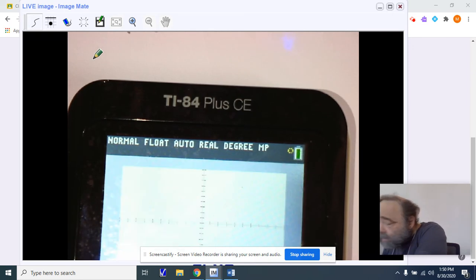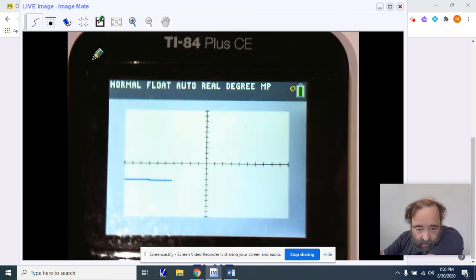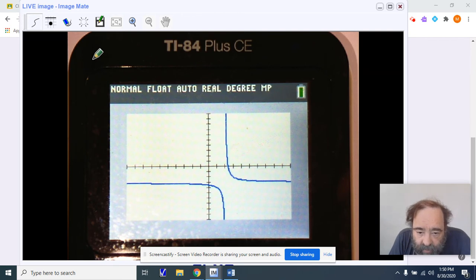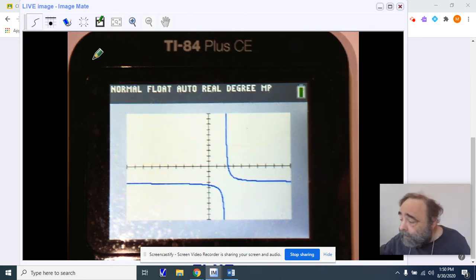Zoom 6. And you'll notice we're looking at a reciprocal function with a center point to negative 3. This is indeed a one-to-one function. There are no values that are shared horizontally, and therefore this will have an inverse.